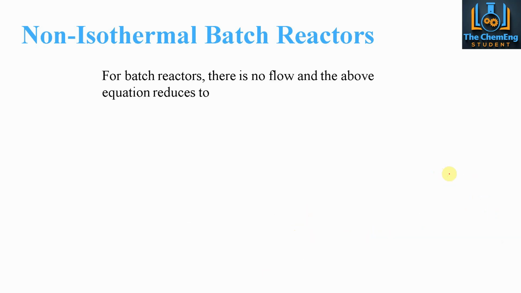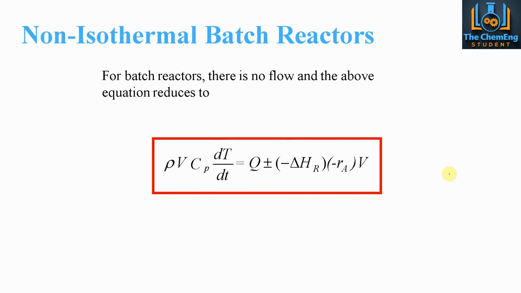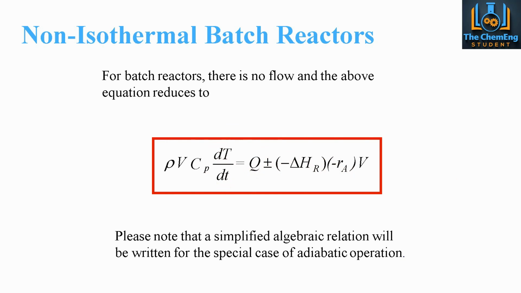Now for batch reactors, because there's no flow in or out of the system, the above equation that we've seen, we can neglect the enthalpy in and the enthalpy out. So this would dissolve to rho V Cp dT by dt is equal to Q plus or minus delta HR minus Ra multiplied by V. So this is a simplified algebraic relation, and we will look at a special case in our course.